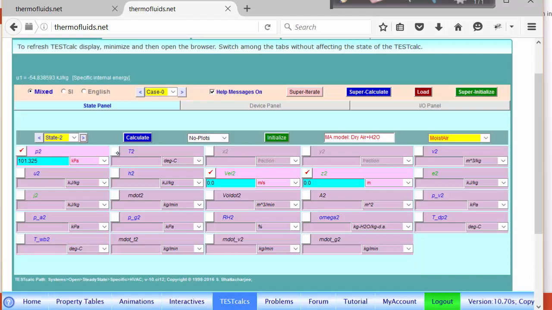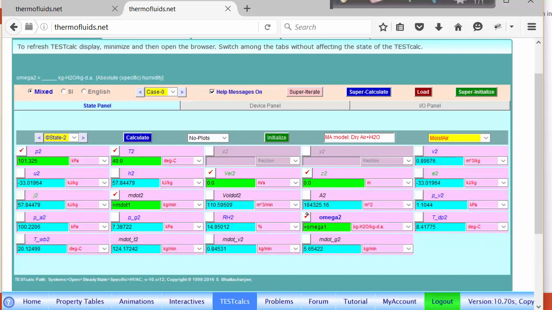For state 2, the temperature we heat up to is 40 degrees Celsius, and what remains, first of all, the mass flow rate of dry air is not changing, it is the same, m dot 1, and we know the mass flow rate of vapor is not changing, which makes omega remain constant. So omega 2 equals omega 1.